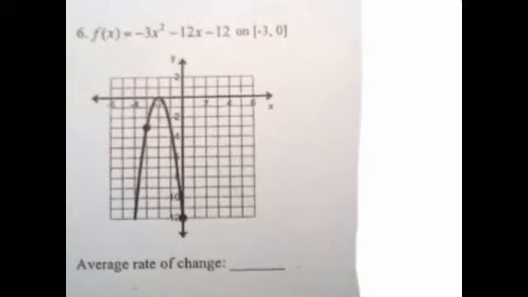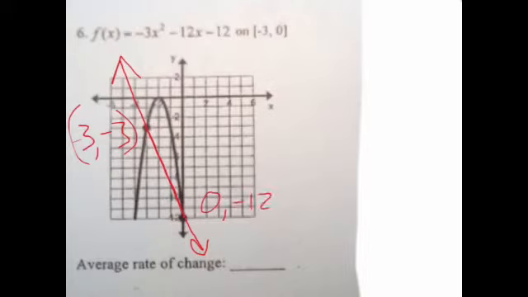Moving on to 6. Again, we need to draw a line between our points here. Notice there are a lot of different rates of change, a lot of different slopes, but we want just the average. The point over here is -3, -3, and the point over here is 0, -12.